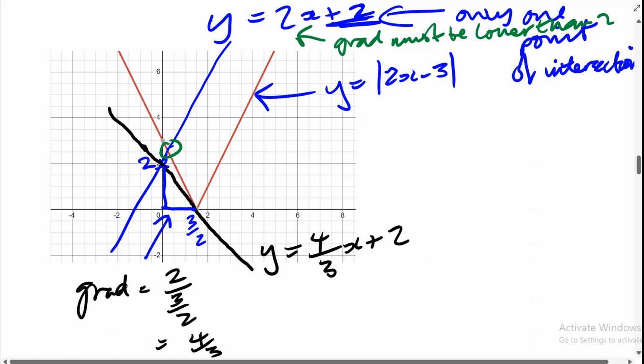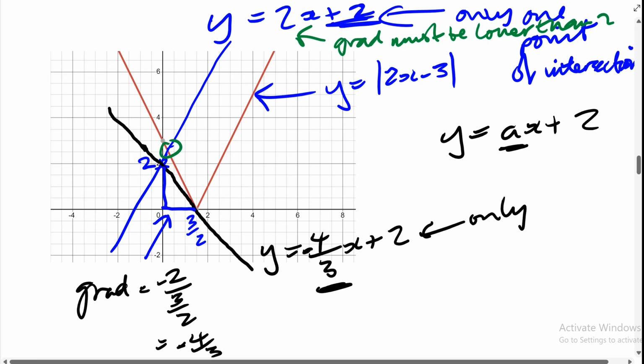So the gradient of the line it's talking about, ax plus 2, that value of a must be between this value, sorry, that's negative, isn't it? So this is negative. So this also only has one point of intersection, which is here.